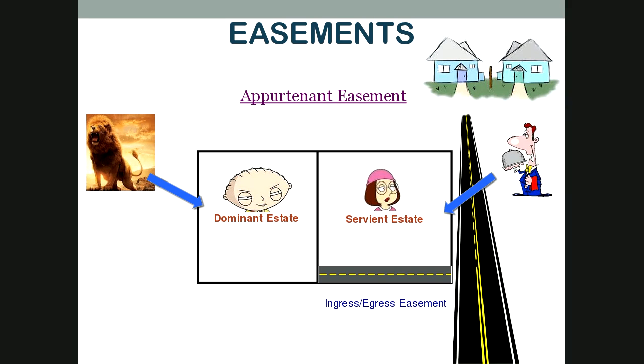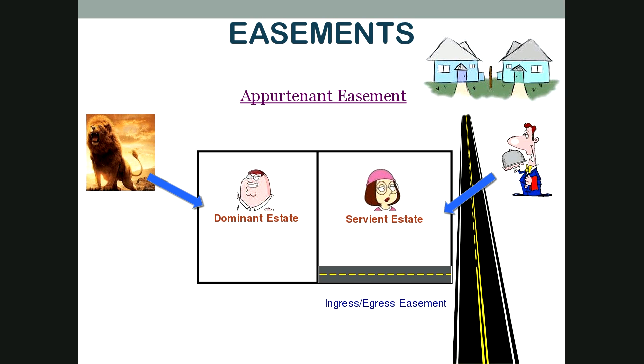Why is it the dominant estate? How is it tied to the property? Well, if Stewie sells to Peter, now Peter gets to use that easement. Stewie doesn't get to use the easement anymore, so the easement wasn't tied to Stewie. Now Peter gets to use it because Peter owns the property. And if Peter sells it to someone else, they'll get to use the easement, and so on and so forth.